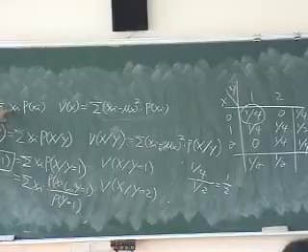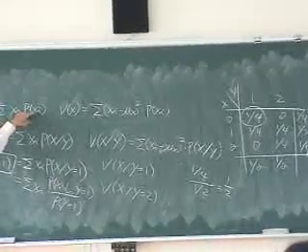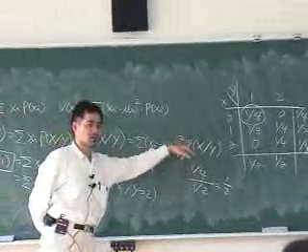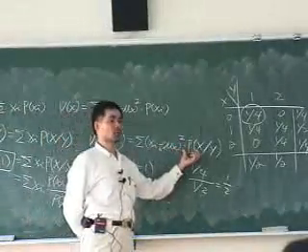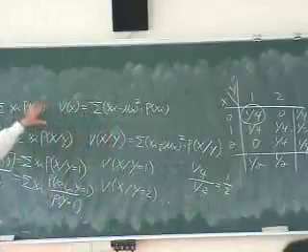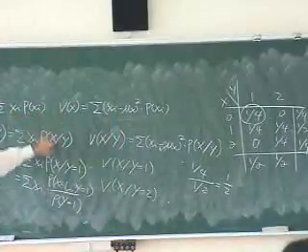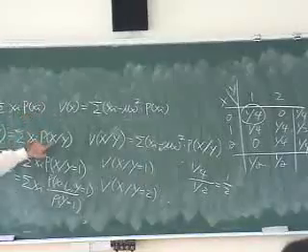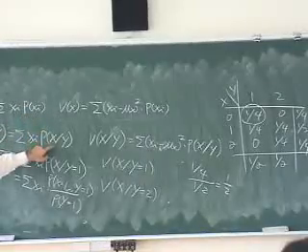Now you know, when you calculate a mean, it is xi times P(xi). What about the conditional mean? The same thing here. The only difference between the mean and the conditional mean is the probability: here you use probability, here you use conditional probability.